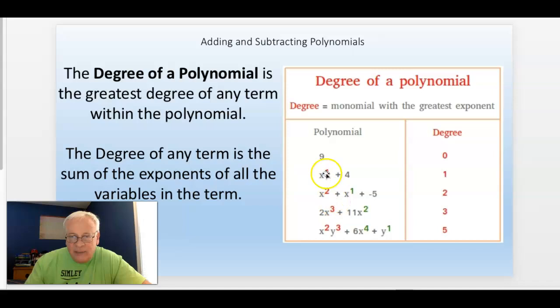As an example, a constant like 9, where there is no variable, has a degree of 0. But x to the first has a degree of 1, x squared has a degree of 2, x to the third has a degree of 3. But for something like x squared y to the third, you add those up. This has a degree of 5.